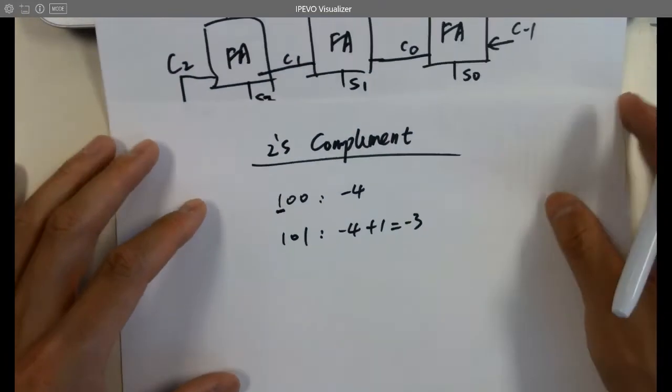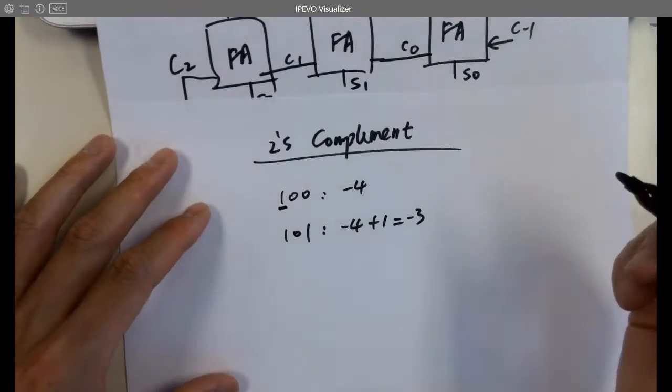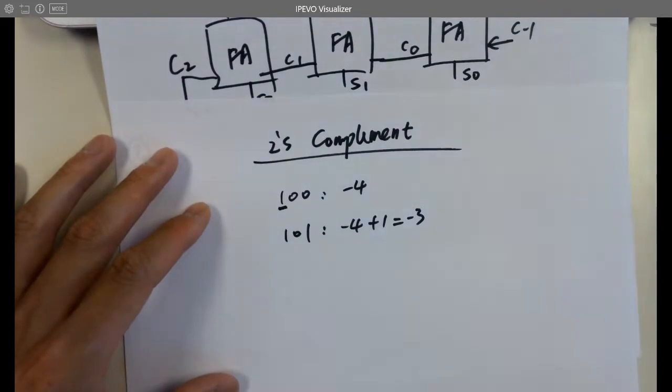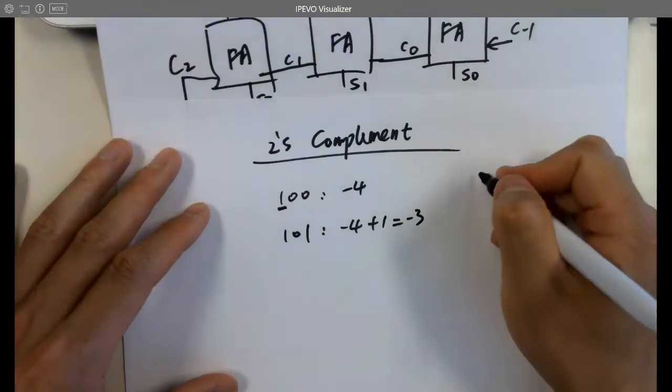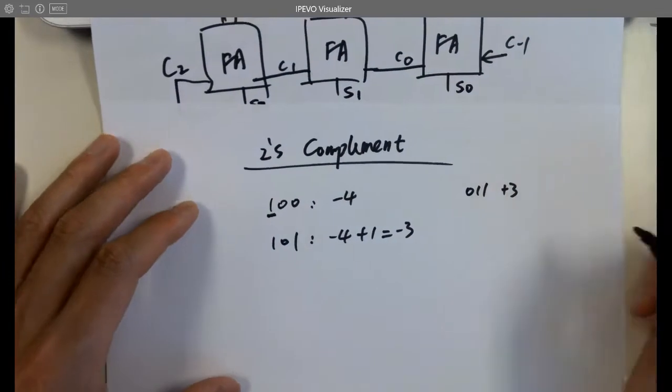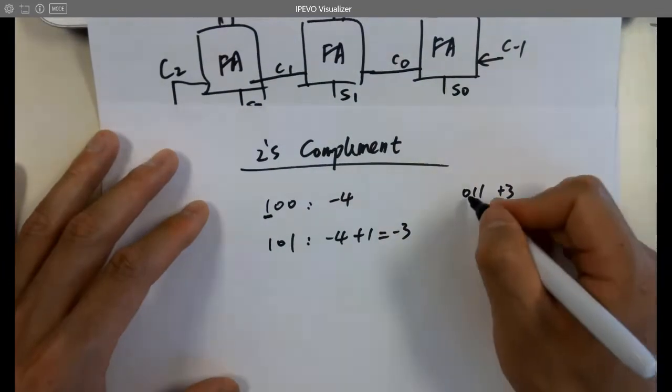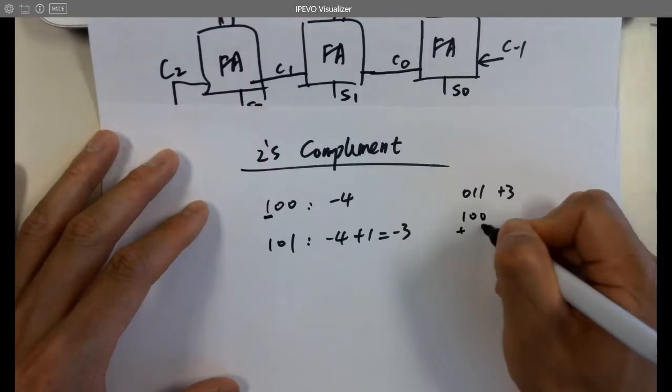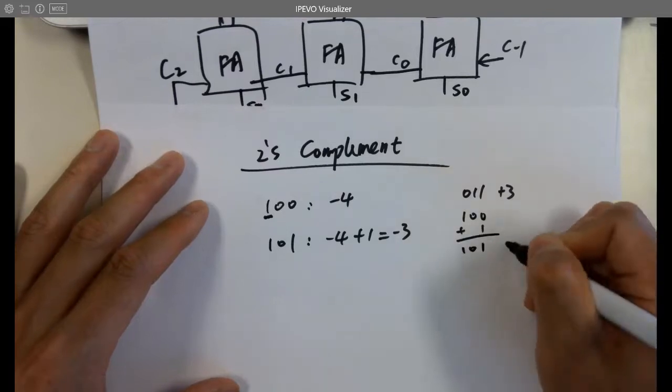A lot of places will teach you that you have to convert it: flip every single bit and add a 1 to it. So for example, this is +3, right? How to find -3? You flip every single bit and add a 1 to it, and you are getting -3.